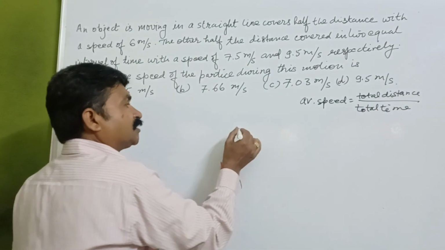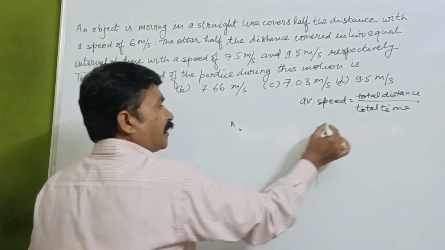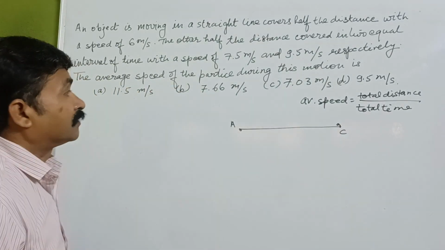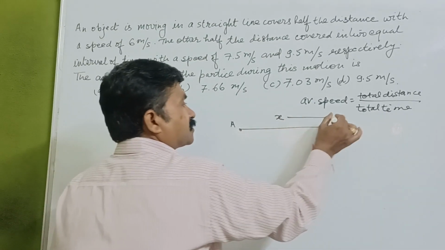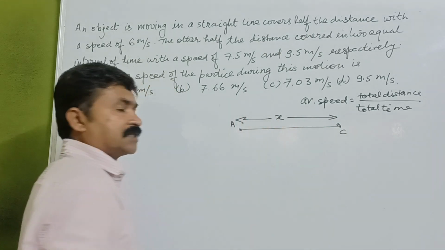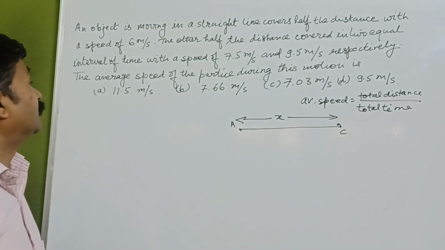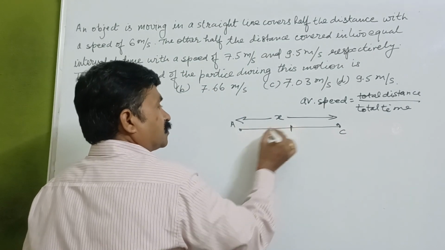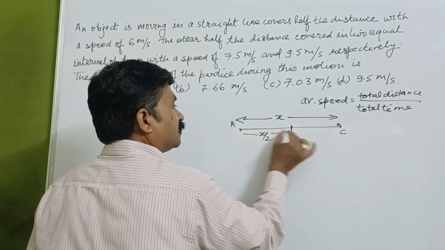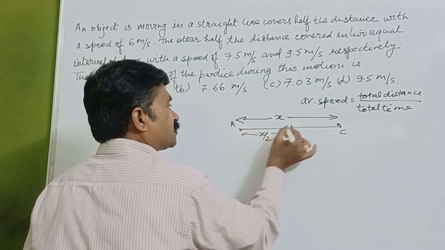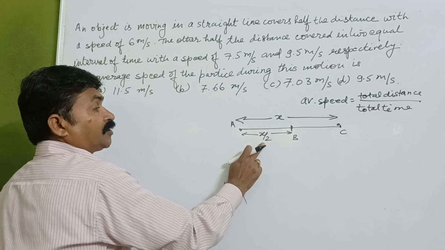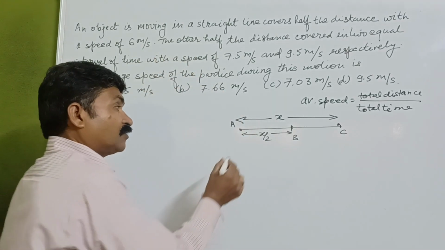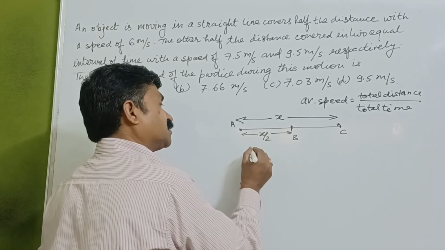Now in this question, we assume a point A and a point C and join them. We assume this distance is x, the total distance to be covered by the object. Half of the distance is x by 2, and we take this point as B. For x by 2, it has covered with a speed of 6 meters per second.